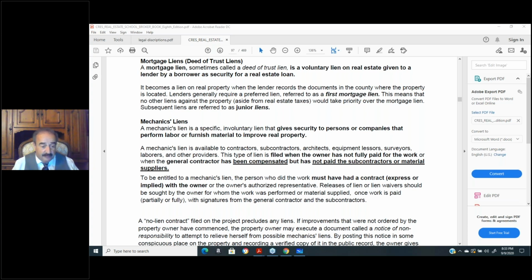Or can they file against the plane? Or can they file against both the hangar and the plane? The answer is only the hangar, because a plane is personal property. A mechanic's lien can only be filed against real property only, right? So I saw that question on the state exam.